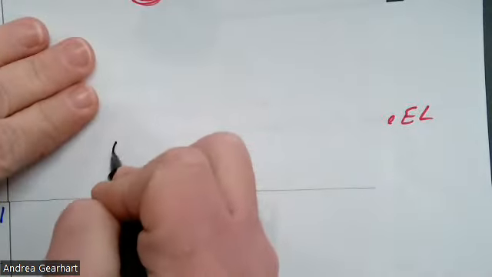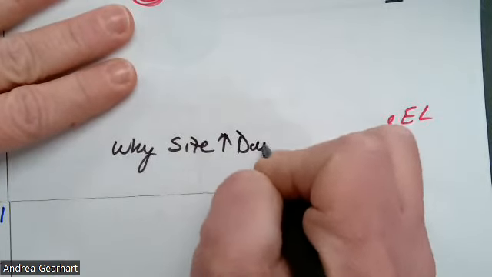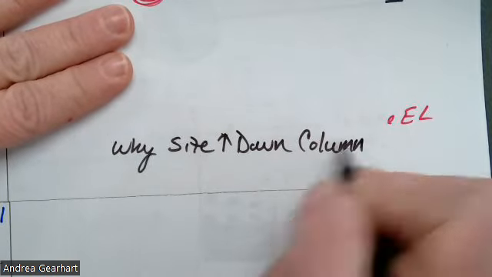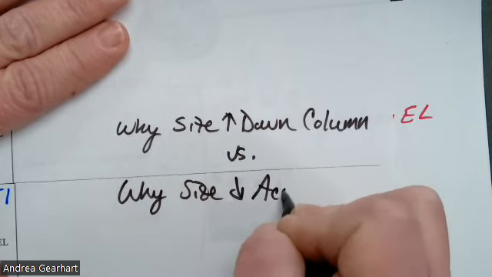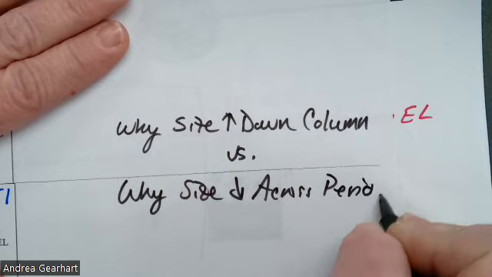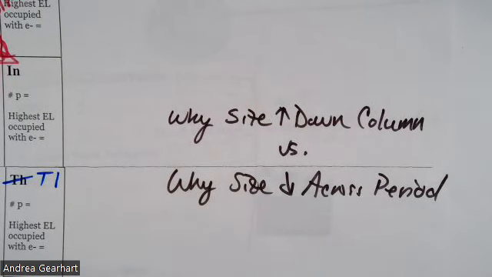So could I ask us now, talk in your team, why the size increases down a column versus why size decreases across a period? Why don't they both increase as you predicted first? Go. Talk to each other, and then ultimately write down what your thoughts are.